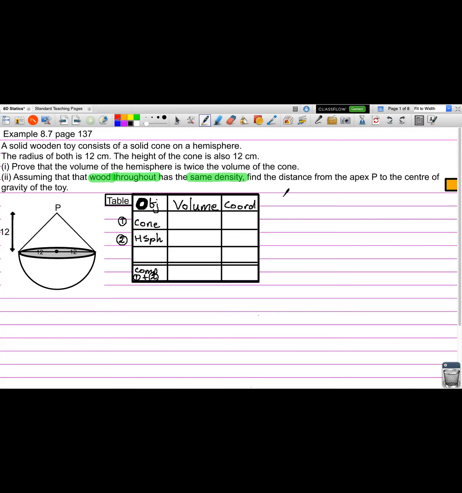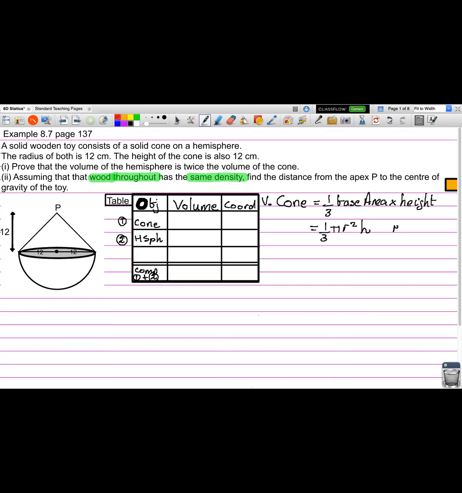So over here I'm looking at the volume of a cone, and the volume of a cone is equal to 1/3 of the base area times height. In your formula books, the volume of a cone is quite simply 1/3 pi r squared h.